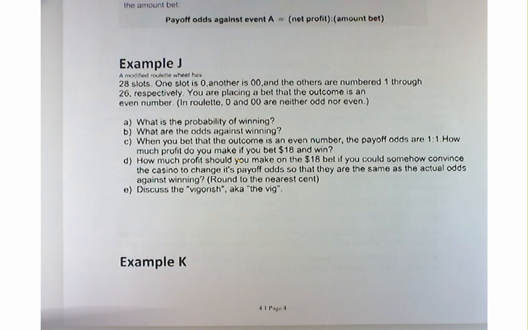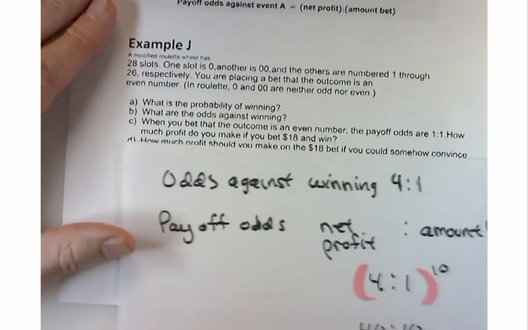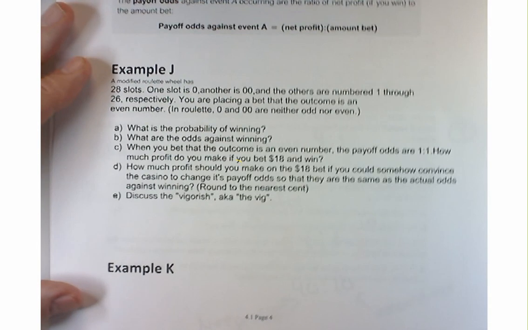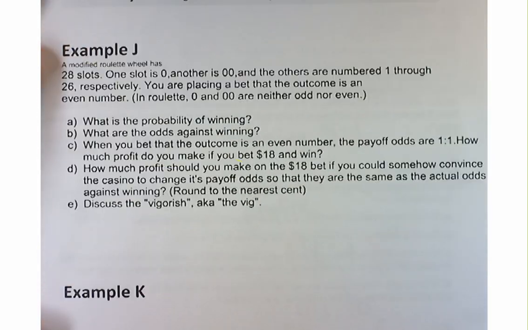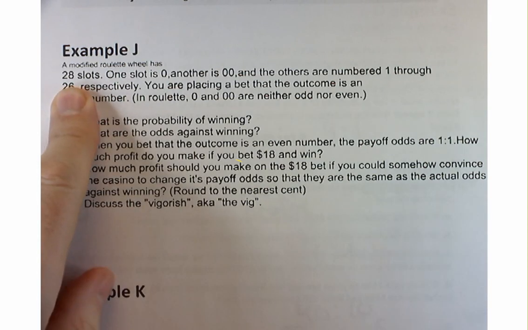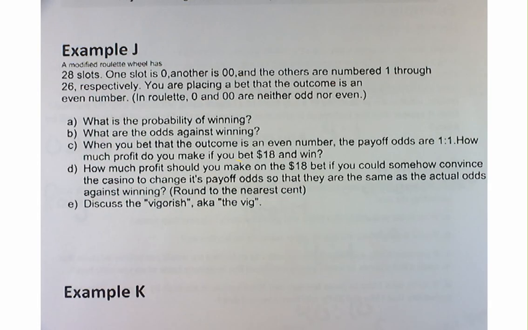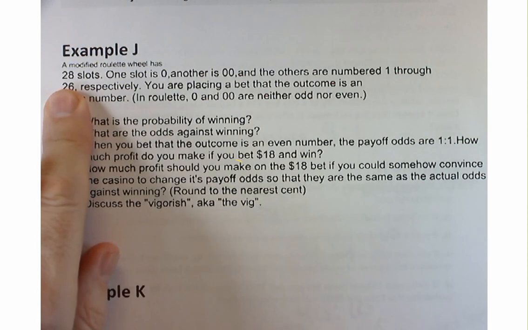Let's move down to example J. This one is taken directly from your homework. They've taken and modified a roulette wheel, which normally has 38 possibilities, and this one only has 28.